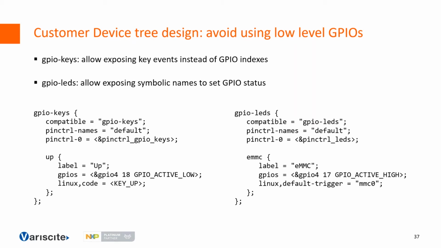This kind of approach allows you to assign labels to a key that will be used like a keyboard key, or to an LED that will be used just as an output, so that you can power on, power off, or let it blink.